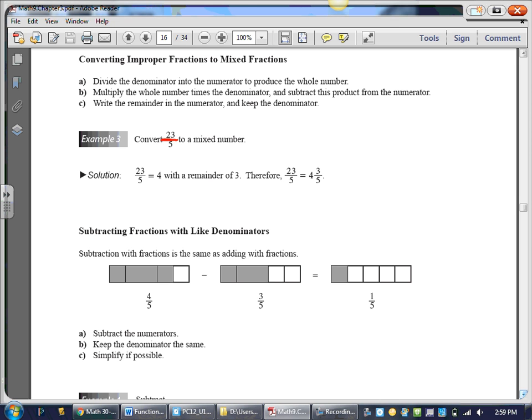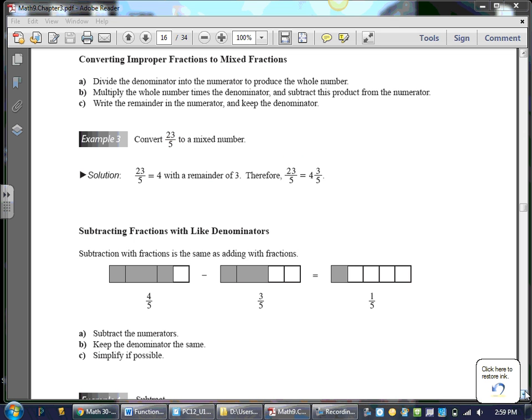How many wholes are there? 23 divided by 5, 4 times evenly. And then that's 20, so you would have 3/5 left over. So it's exactly backwards. Hopefully that's a quick reminder. Just go 23 divided by 5 in your head, get that whole number, and then ask yourself how much is left over.